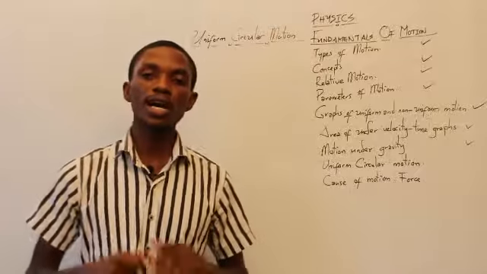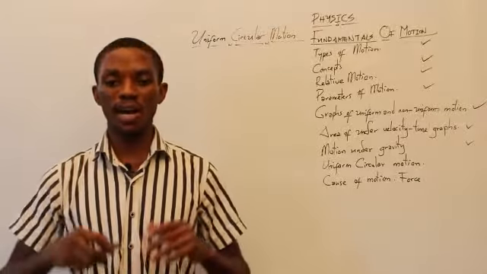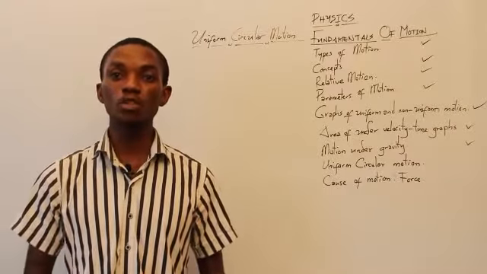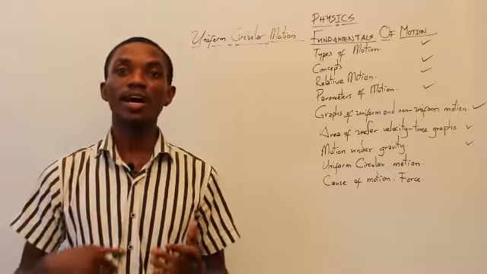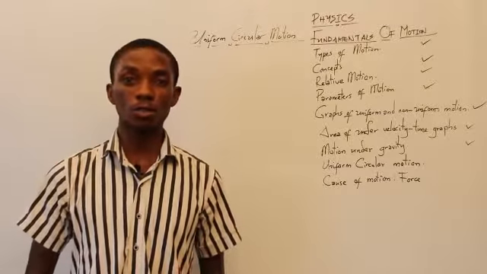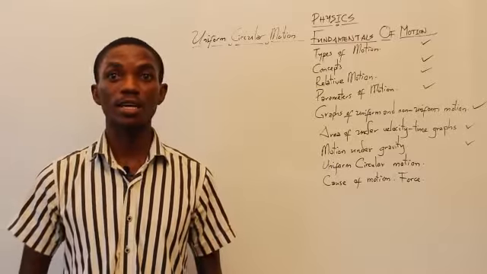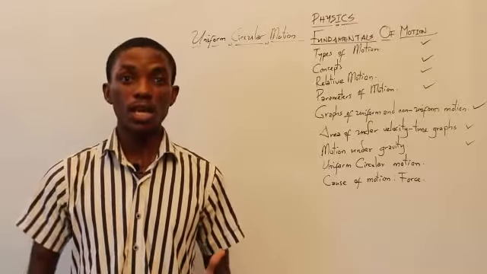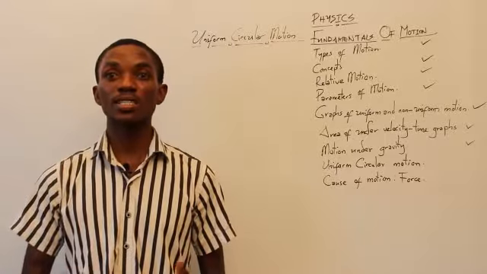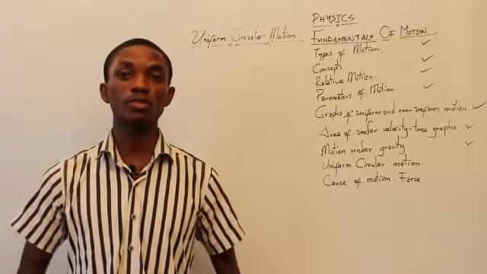We need to understand how things move and the concepts behind motions in circles, especially since most of our devices are designed in circular operations, especially our mechanical devices. Our fans, our cars, they all bring about the need for us to understand how things work in circles.